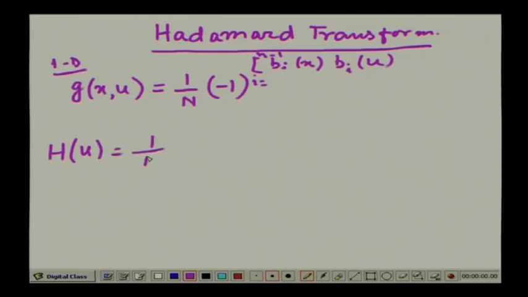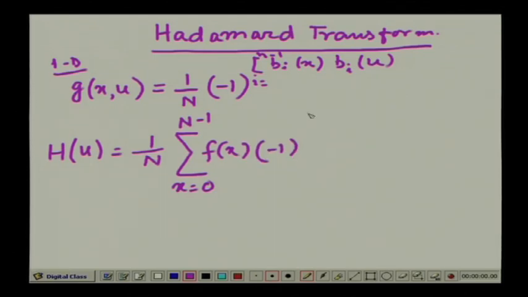equal to 1 upon capital N summation x varies from 0 to capital N minus 1 f(x) into minus 1 to the power summation b_i(x) into b_i(u), where i varies from 0 to lowercase n minus 1.